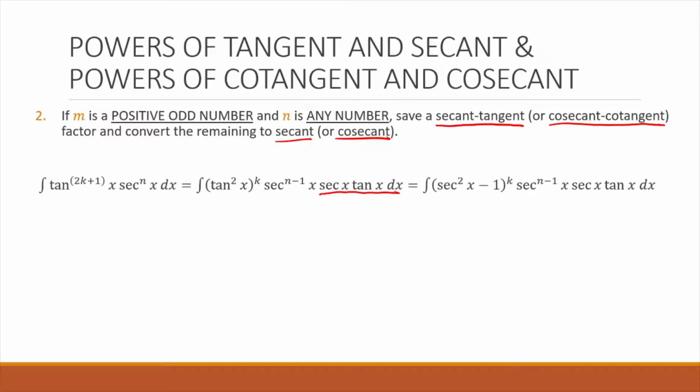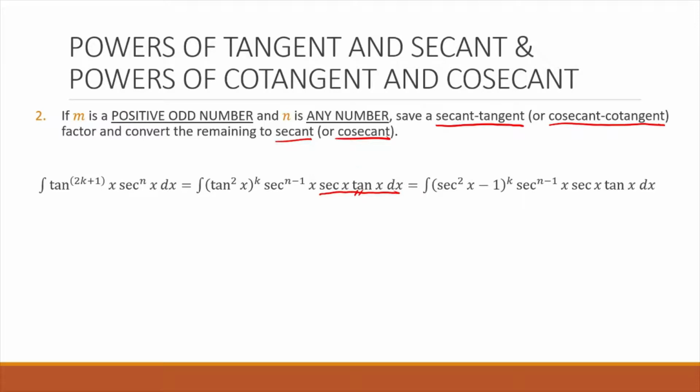From tangent raised to m, we isolated one tangent factor. We also factored out isang secant na factor so that we can group together secant x tangent x. Kasi later on, we will use this to satisfy du ng secant.